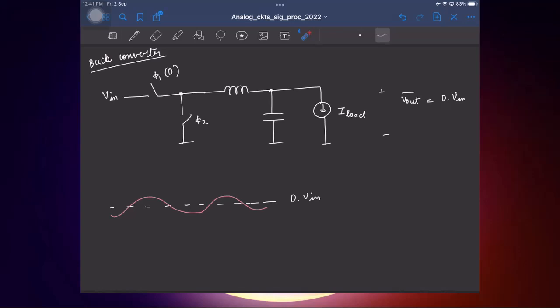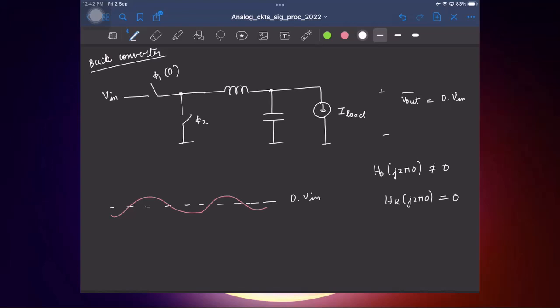So what is the harmonic transfer function that you want to be non-zero in the circuit? H0. Input DC, we want the output to be constant DC. So we only want H0 of j2π0 to be non-zero. And all the other Hk, we want it to be 0 in principle, right?